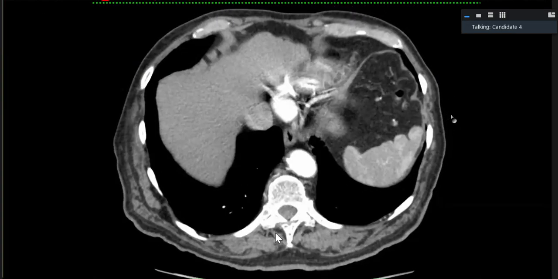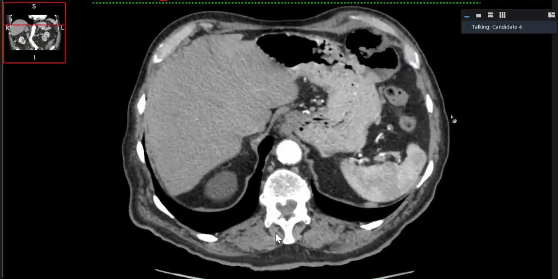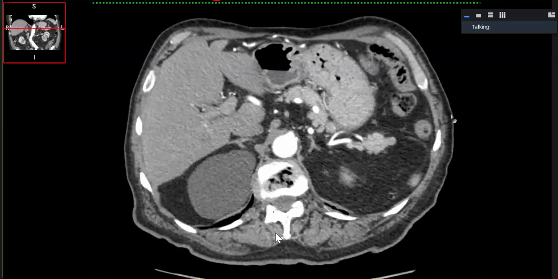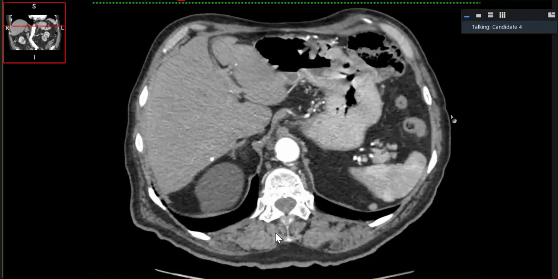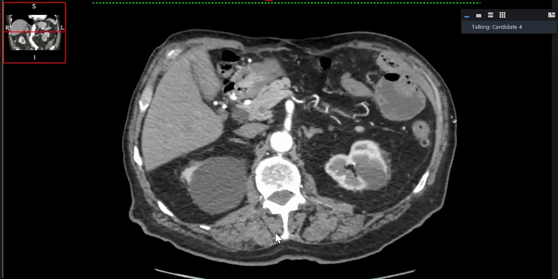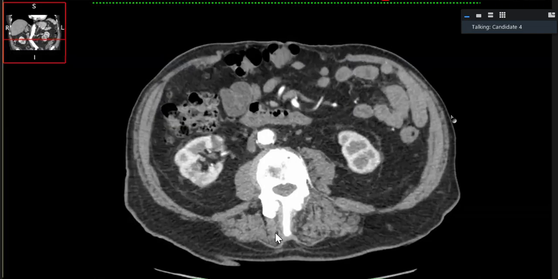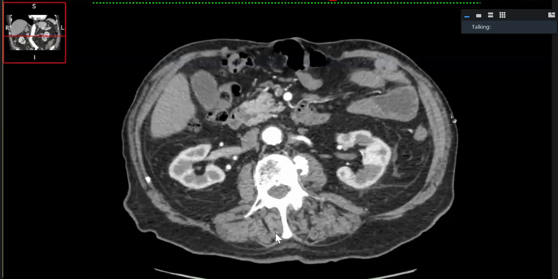Now I'm looking systematically: the liver is normal, and the rest of the structures like the spleen and adrenals are okay. Simple cysts are seen in both kidneys.